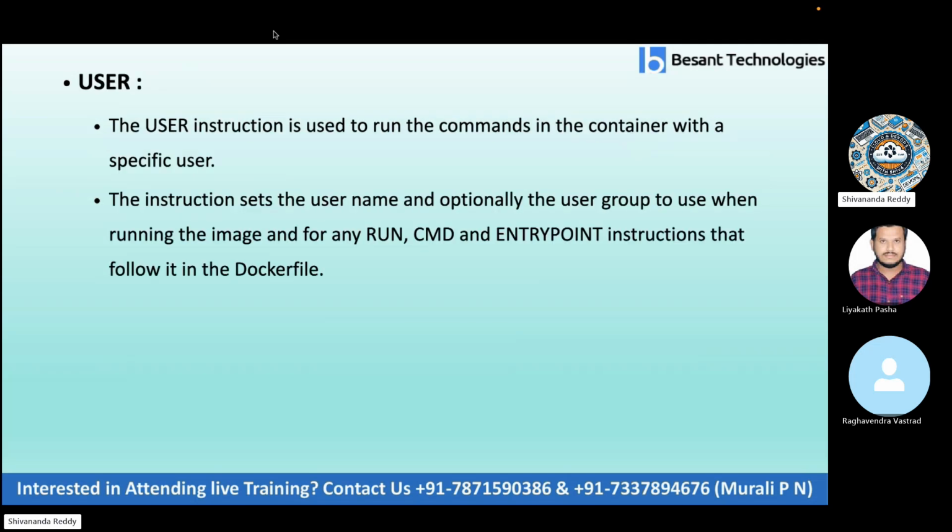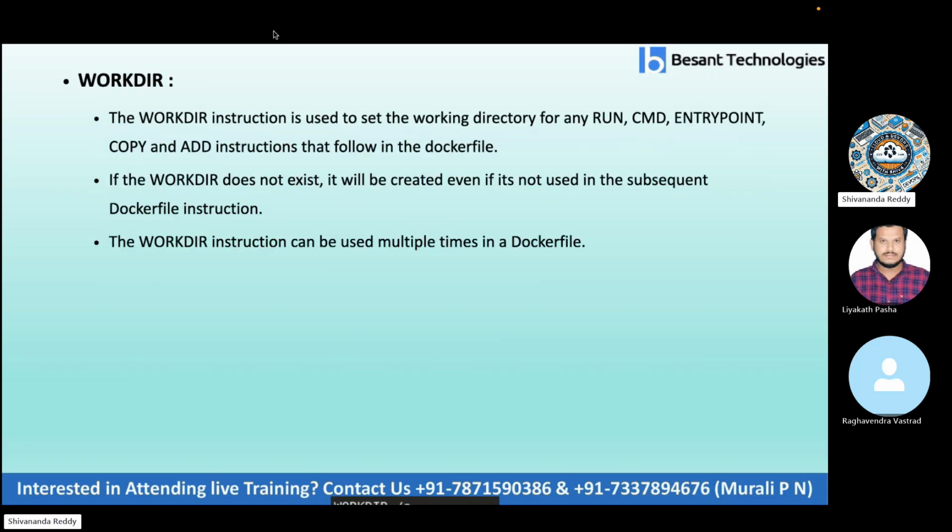Then USER. If you want to create any users, we can create users also using the USER command. The USER instruction is used to run the commands in the container with a specific user. The instruction sets the username and optionally the user group to use when running the image, and for any RUN, CMD, ENTRYPOINT instructions that follow it in the Dockerfile. So like RUN useradd username, like this you can give.